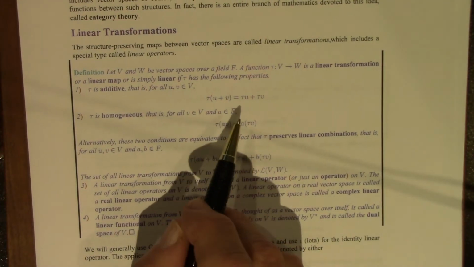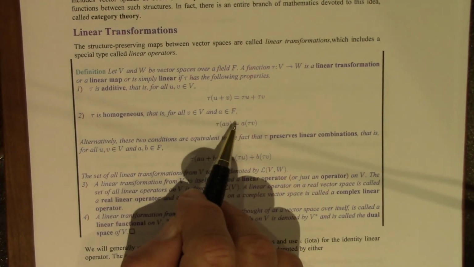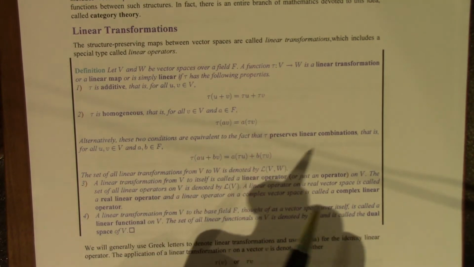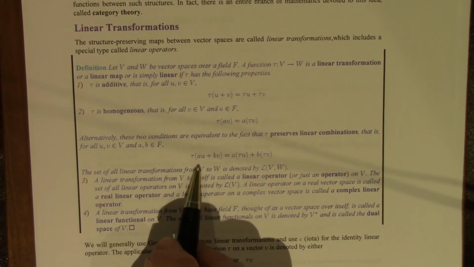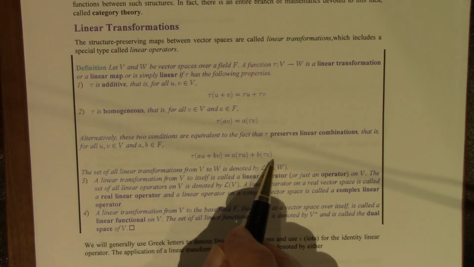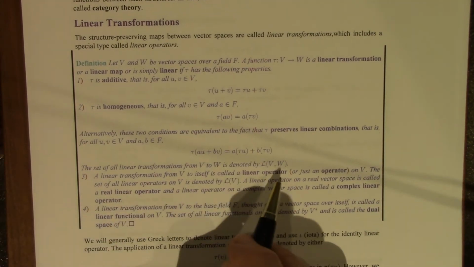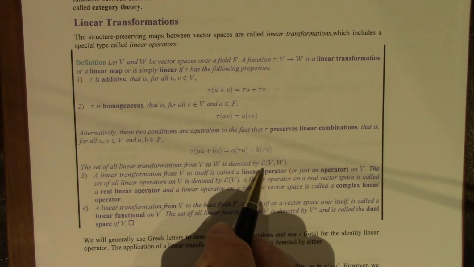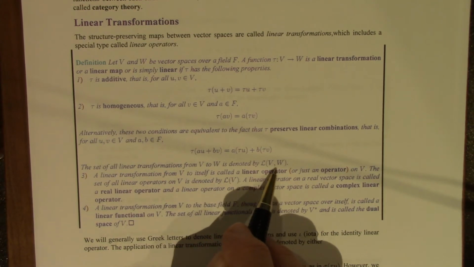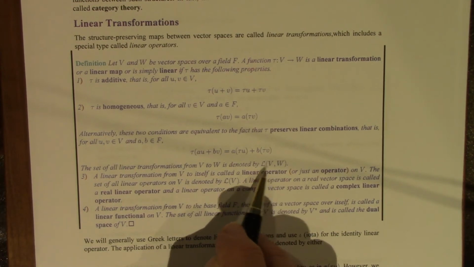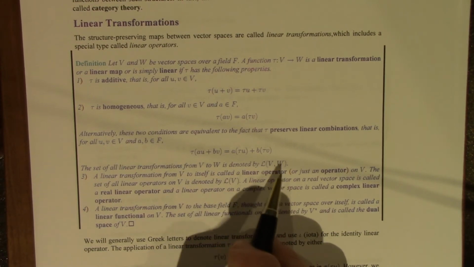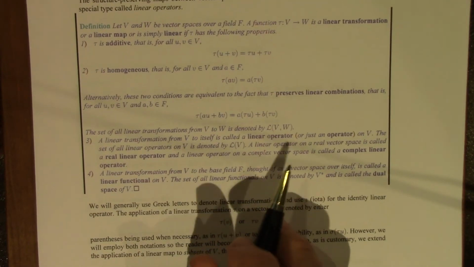It's not very difficult to see that these two properties are equivalent to simply preserving linear combinations, which would look like this. And I will use this symbol, script L of V, W, to denote the set of all linear transformations from V to W. There are a few other notations, but this one's compact and I like it.